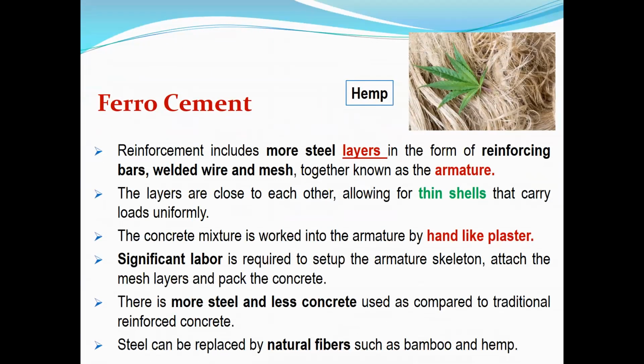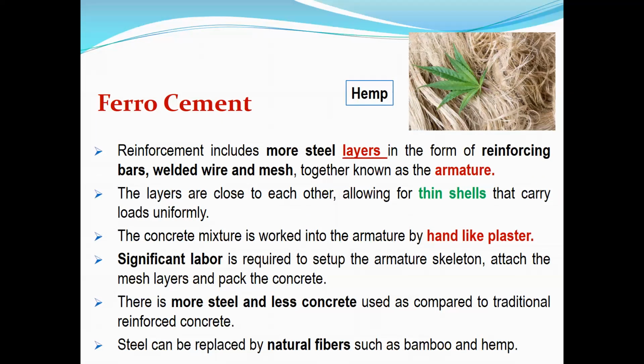So reinforcement. In case of concrete, the mixture of cement, sand and aggregate is the matrix, and the reinforcement is used within the matrix. Here, the reinforcement includes a number of steel layers, in the form of reinforcing bars, welded wire and mesh. Together, this is known as an armature.